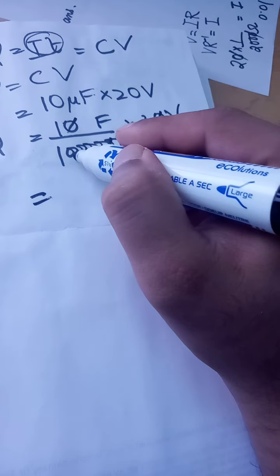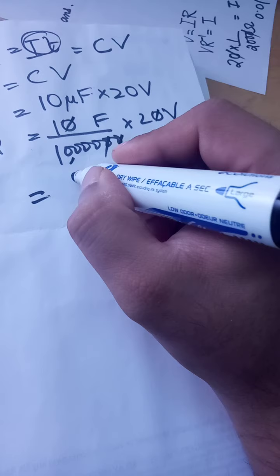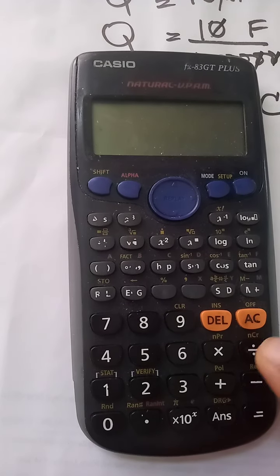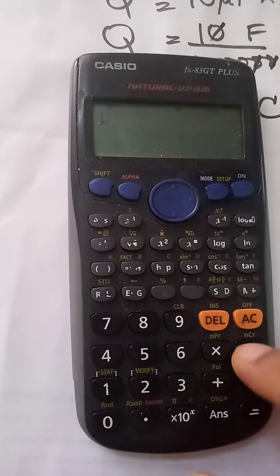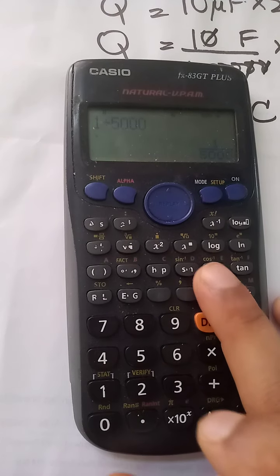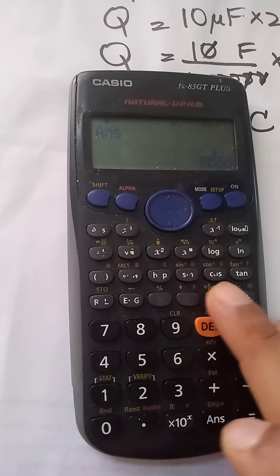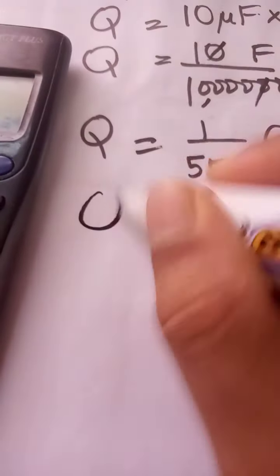So that'll be 2 over 10,000, 1 over 5,000, so 1 over 5,000 coulombs, that's 2 times 10 to the power minus 4 coulombs. So that's your answer.